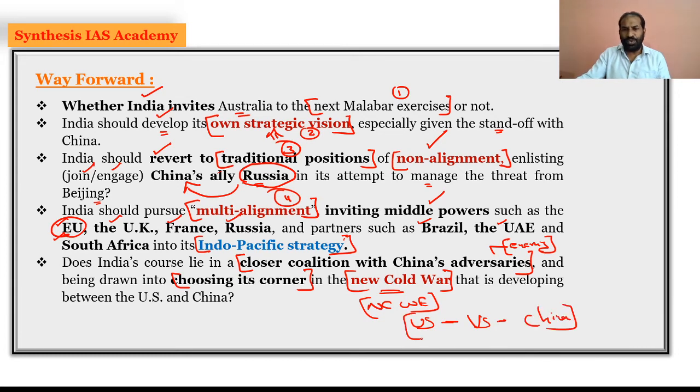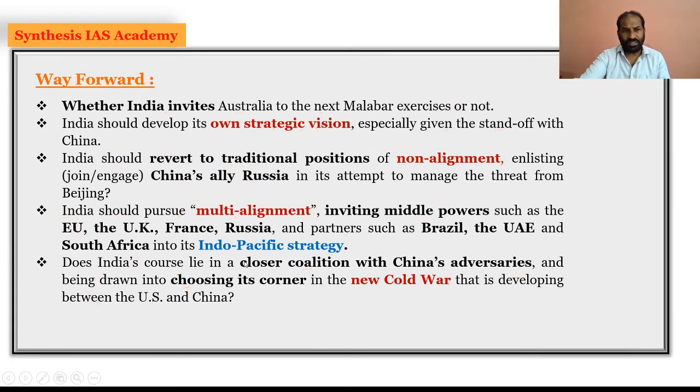So in this new Cold War era, which has actually taken shape between US and China, will India choose to be a corner or not really be active, or to have a closer coalition with the Chinese enemy or adversaries?